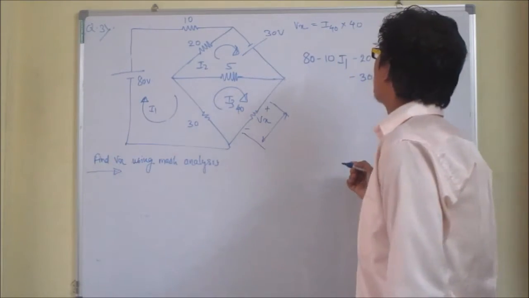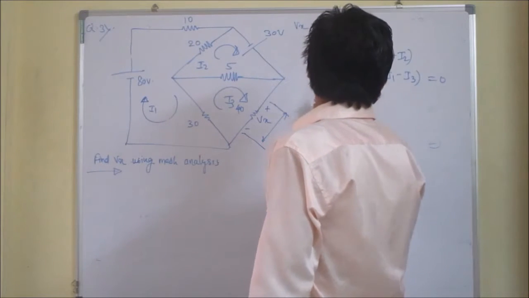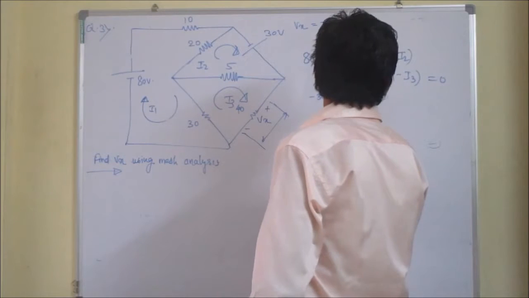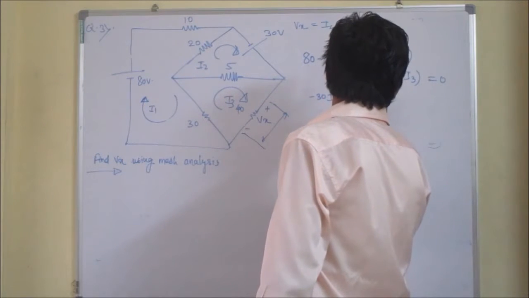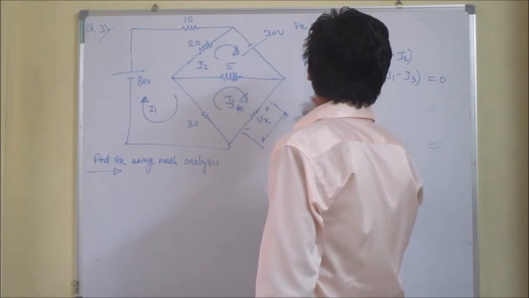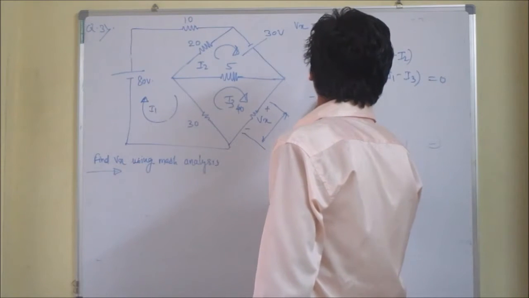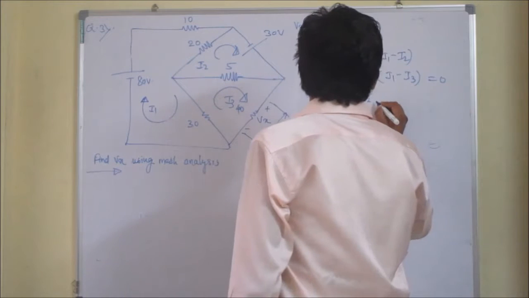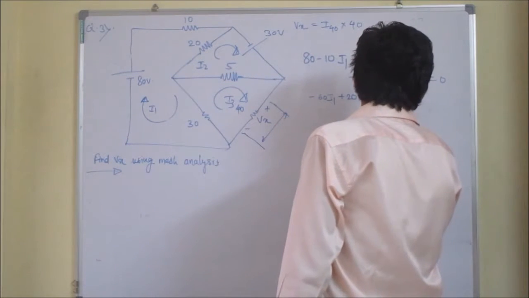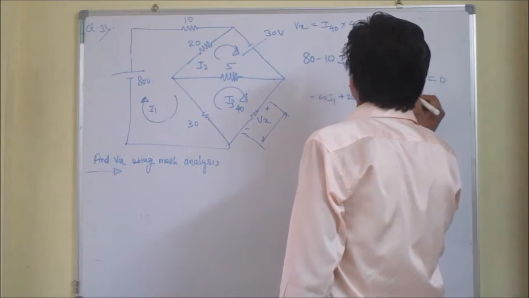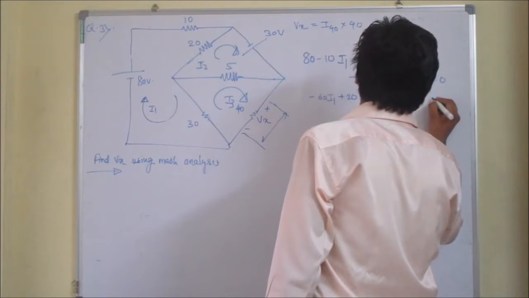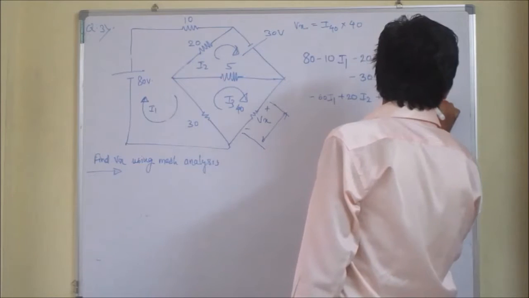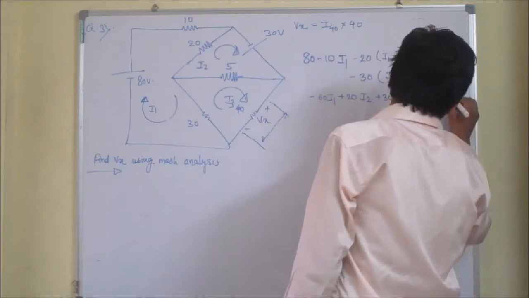Rearranging these terms: minus 10 minus 20 minus 30, that is minus 60 I1, plus 20 I2, plus 30 I3 is equal to minus 80. This is our first equation.